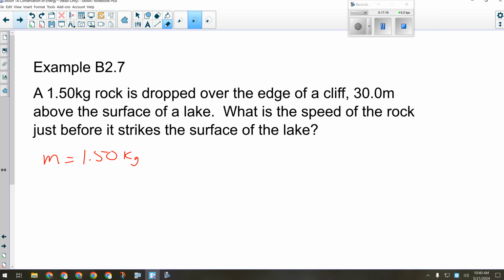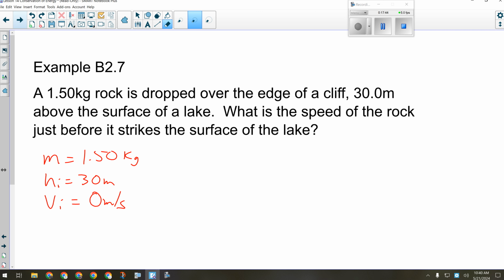So when the rock is 30 meters above the lake, it's not moving. All right, so we know its initial height is 30 meters. We know its initial speed is 0 meters per second. It's at rest, right? We said this back when we were doing acceleration stuff. If something is dropped, we know its initial velocity is 0.